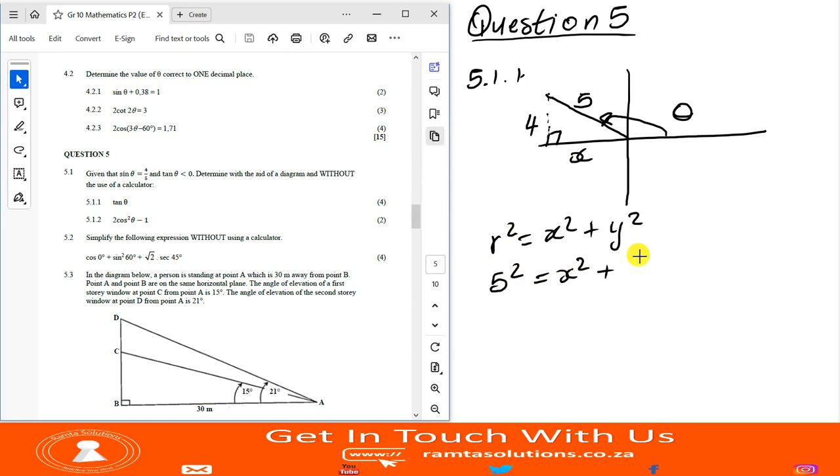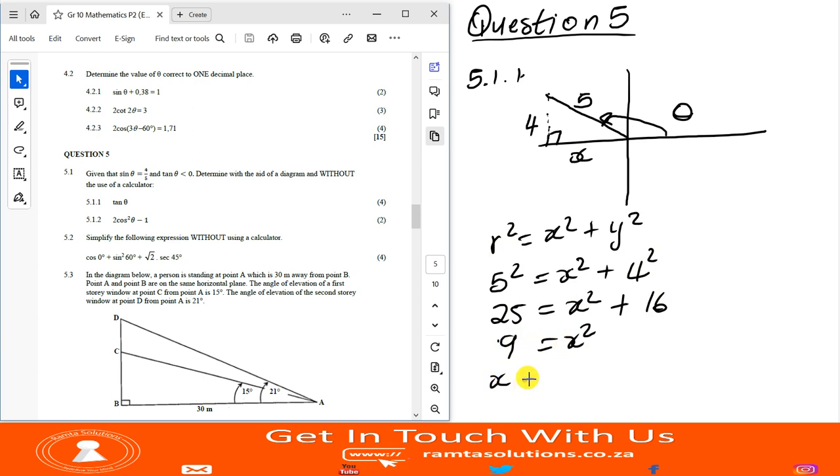It's 4, right? So it's 4 squared. Now this is 25 equals x squared plus 16. Therefore, this then becomes 25 minus 16, guys, is 9, x squared.